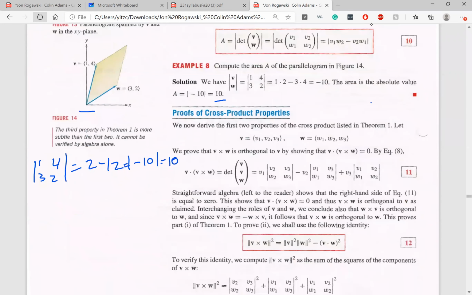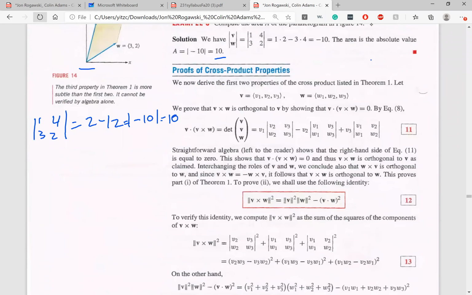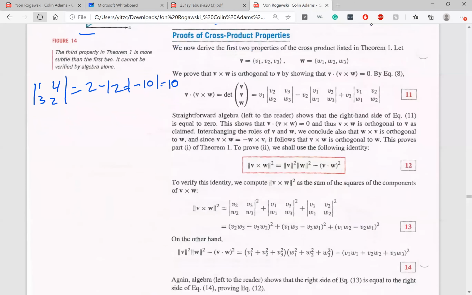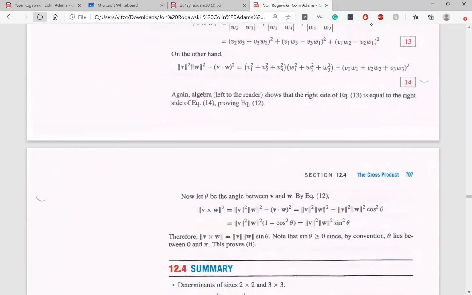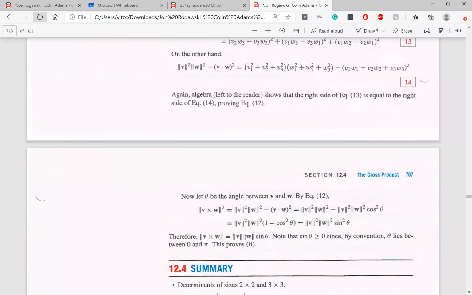Now they go and derive some of the properties that we talked about regarding cross products. The most important formula, again, is this formula over here. The main point for how to derive it is that, up here, they showed this formula.